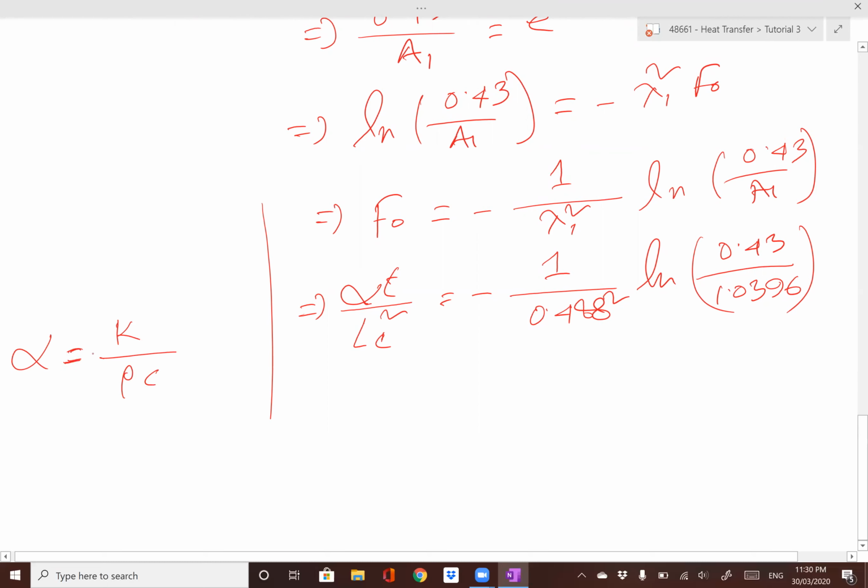You can solve it again because k is given, rho given, c given. So we'll get 1.115 times 10 to the power negative 5 meter square per second.